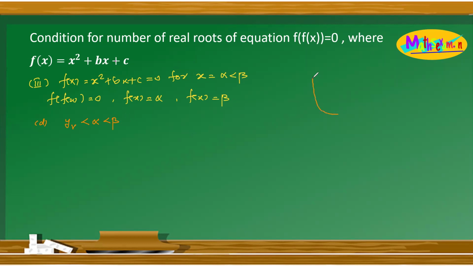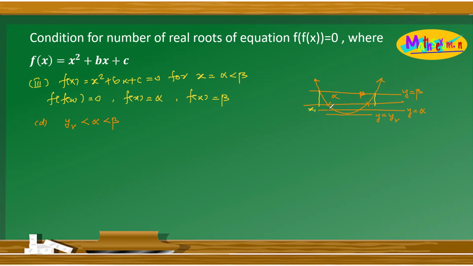That means we have a parabola, which we redraw, which intersects the x-axis at alpha and beta. And this is our y of v. You can say that this line is y of alpha and this line is y of beta. And let us assume this value is x1.